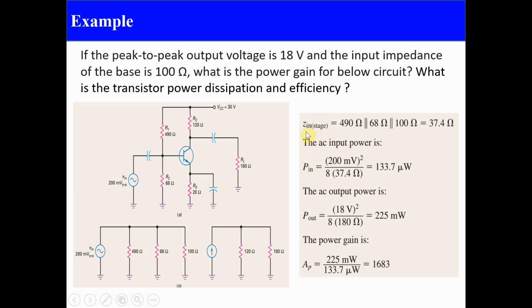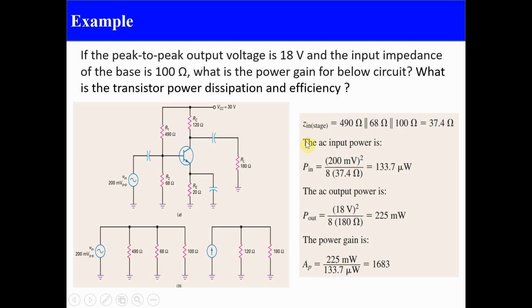First let us find Z in stage, because we need to find the AC input power. To find the power gain, we need AC output power upon AC input power, so we must know the input impedance.